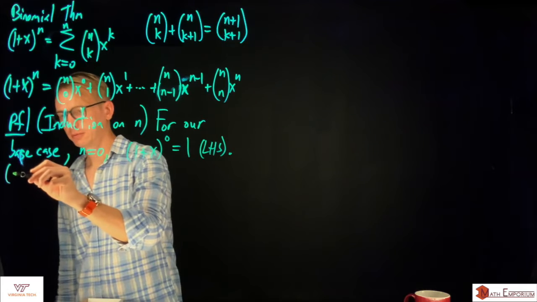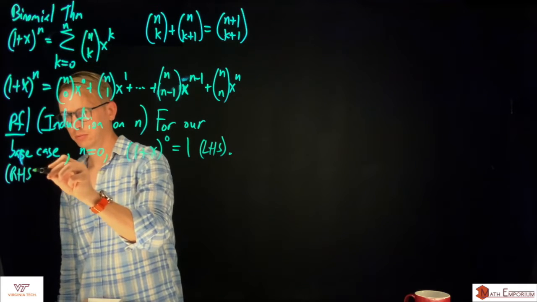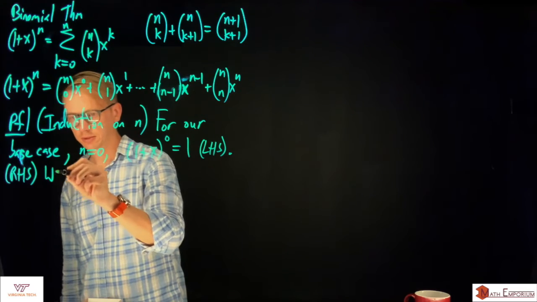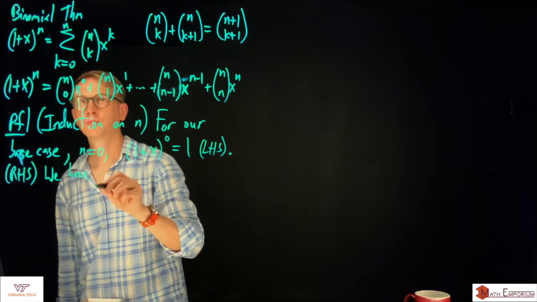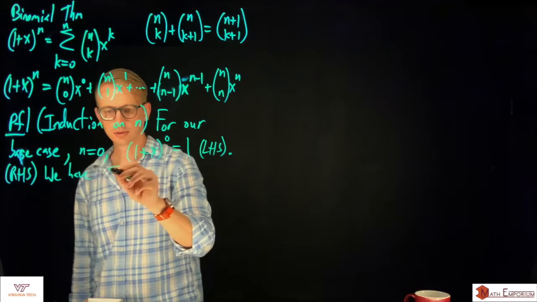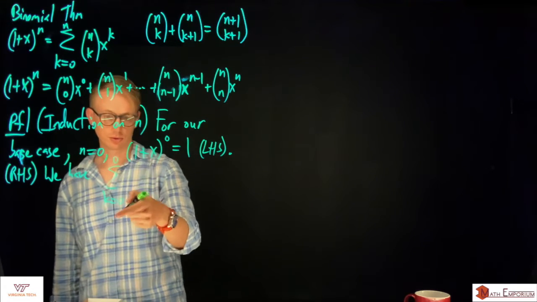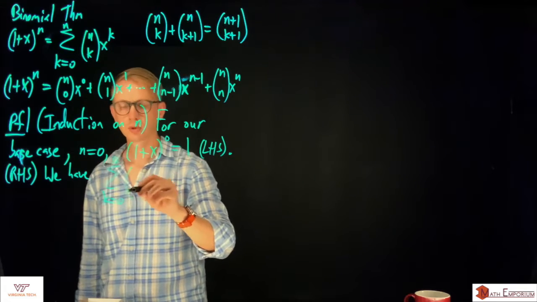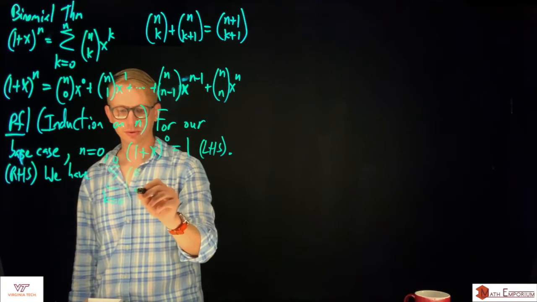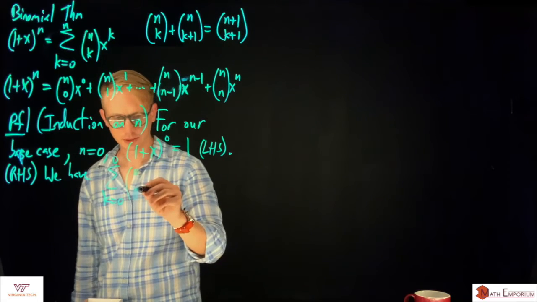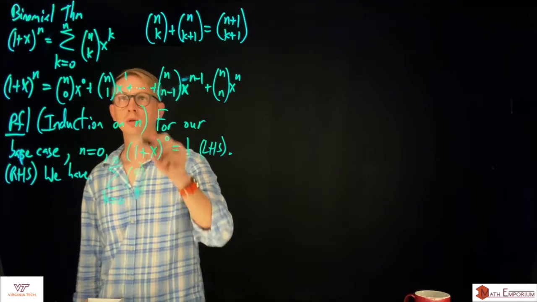For the right-hand side, you kind of have to start with words to get a sentence started. We have a summation. It's a very short summation, k going from 0 to 0, which tells us there's only one term. N is 0, so it's 0 choose k, sorry, 0 choose k, x to the k.